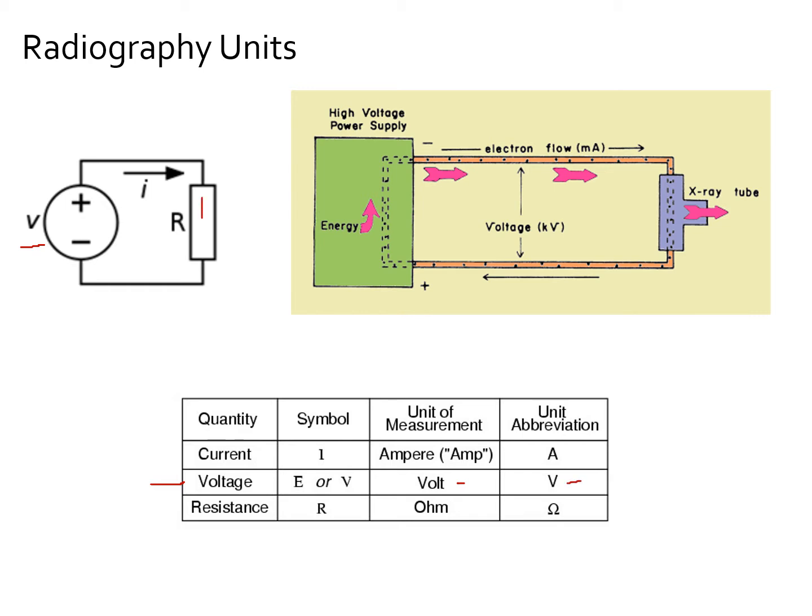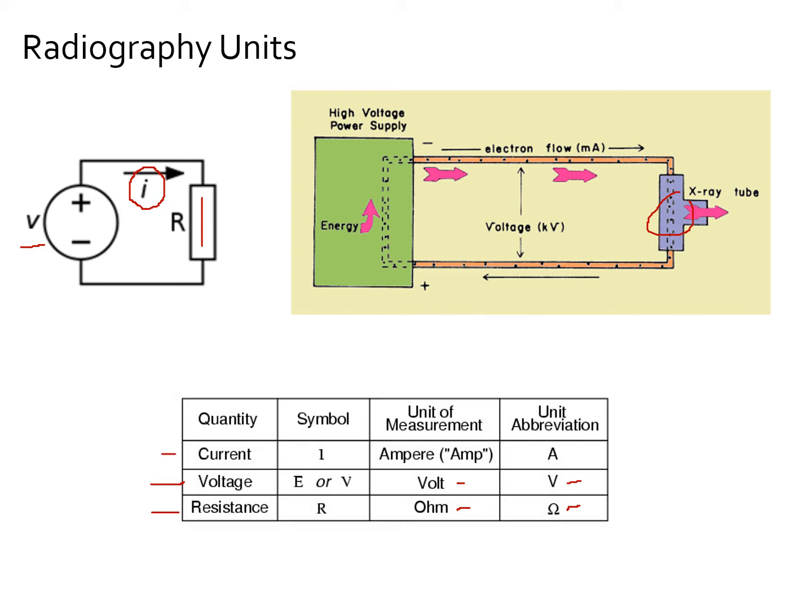This is the resistor, right here, provides resistance to the circuit. There's the X-ray tube right here. The symbol for resistance is an R. The unit of measure is called an ohm, O-H-M, an ohm. And this omega sign right here is its symbol. The one we're going to be working with is current, right here.